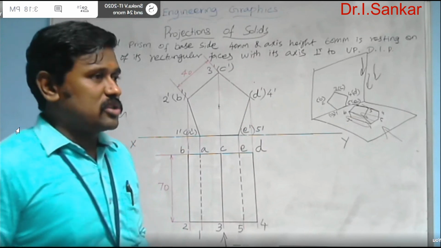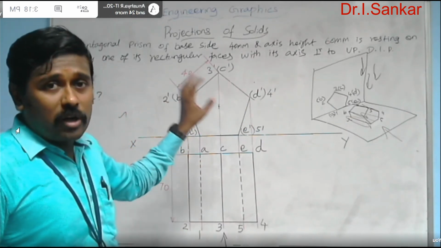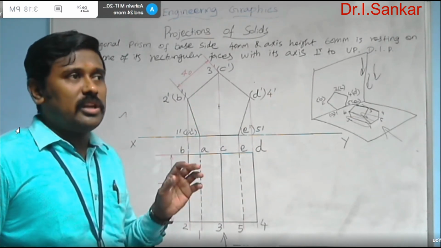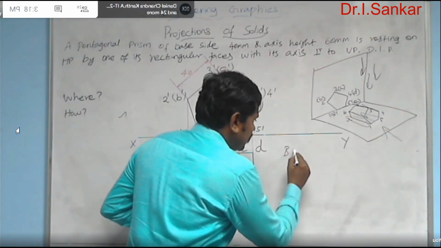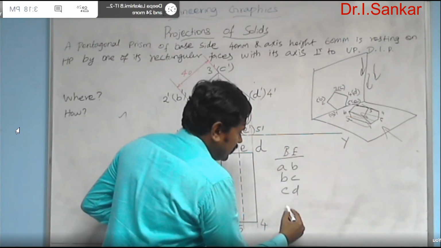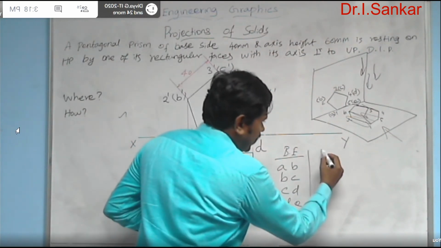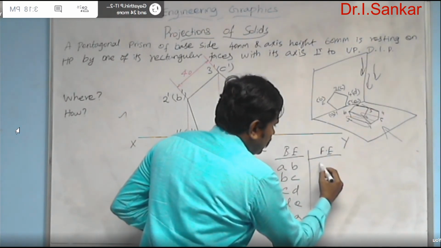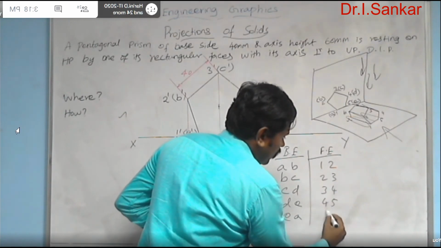Like the previous questions, here you need to check whether you have brought out all the edges in the solid. I told you totally 15 edges are there in this solid. Base edges, if you consider, AB, BC, CD, DE and EA, these 5 are base edges, and the face edges are 1, 2, 2, 3, 3, 4, 4, 5 and 5, 1.